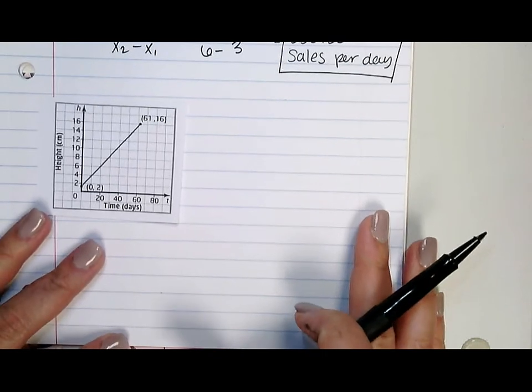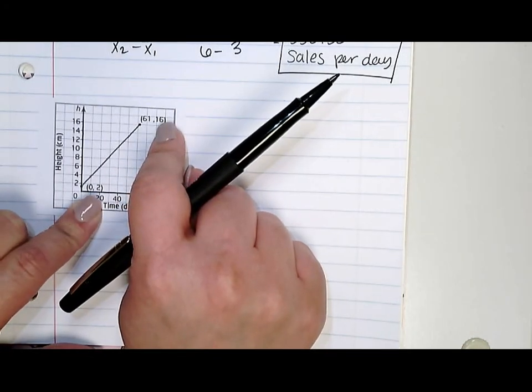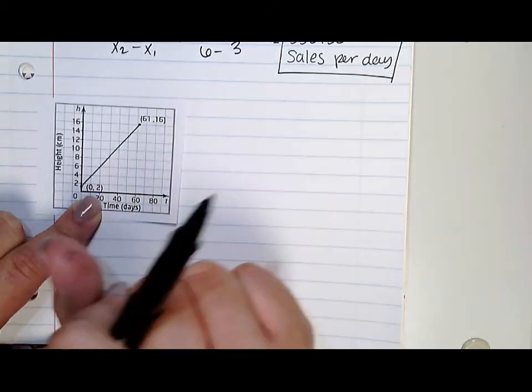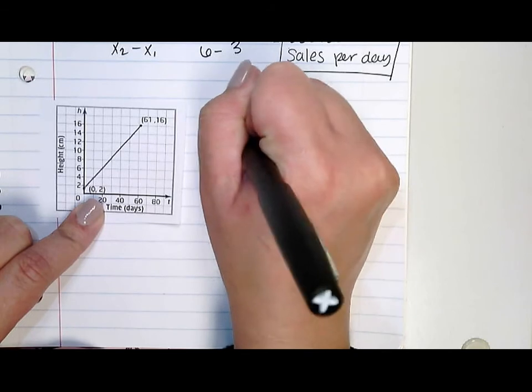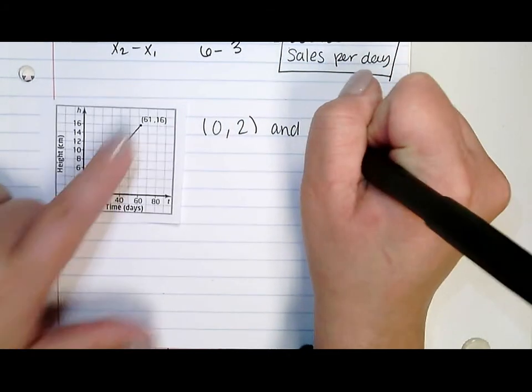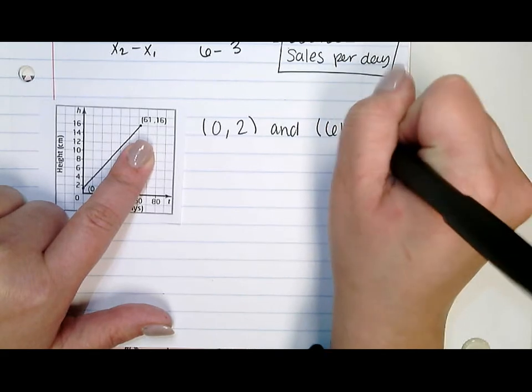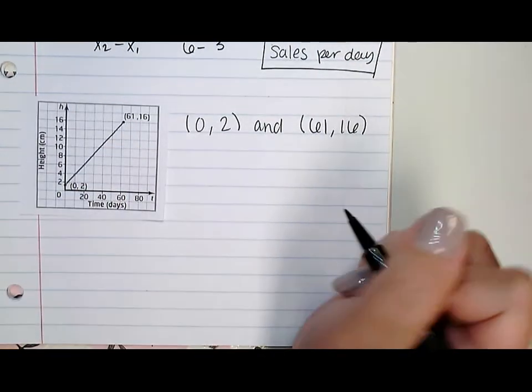Okay, on this graph, the points are already pulled for us. So we would just use those two. So 0, 2, 6, 16. Okay, once again, you do it on your own.